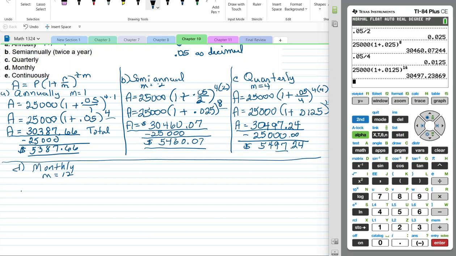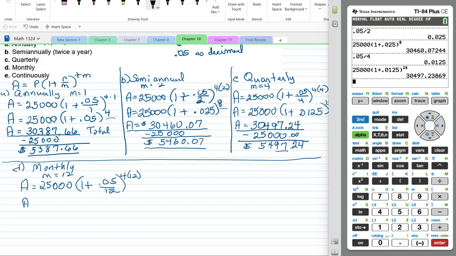So I'm going to have A equals that 25,000, parenthesis, 1 plus 0.05 divided by 12 raised to the 4 times 12. All right. We're going to enter this. This one is a long decimal, so we're just going to enter this in the calculator.